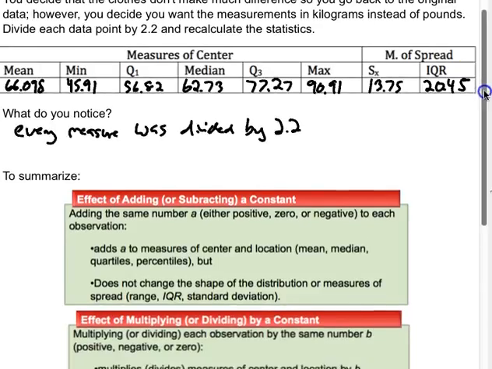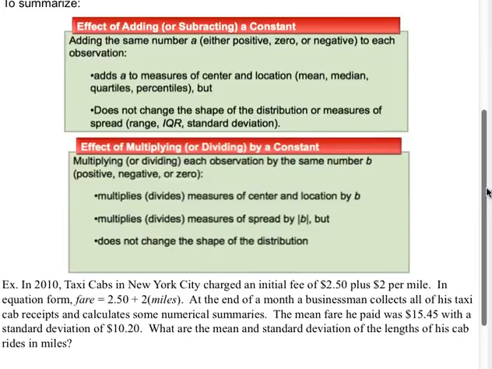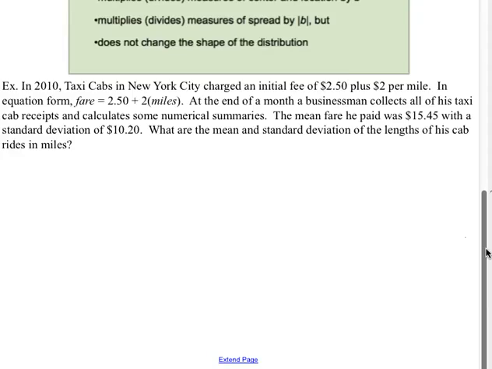And to summarize that, I have this little snippet right here for you. The effects of adding and subtracting, effects of multiplying or dividing. All right, so now let's look at a deeper example, okay? So looking at this, in 2010, taxi cabs in New York City charged an initial fee of $2.50 plus $2 per mile.